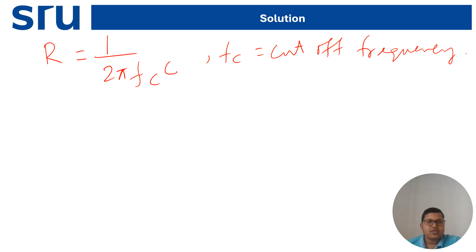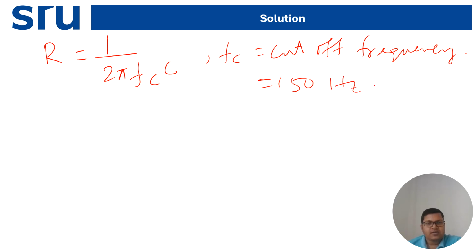Here the values are given: the cutoff frequency Fc is equal to 150 Hz.